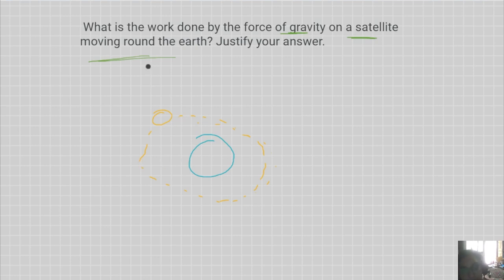So here also the same thing will happen: the Earth is attracting the satellite through its centripetal force acting between its two centers. Even if it does not look properly centered in the diagram, it is actually the center. Okay, and this is the direction of the force. And what is the displacement exactly? The displacement at every position will be something of this sort, right?